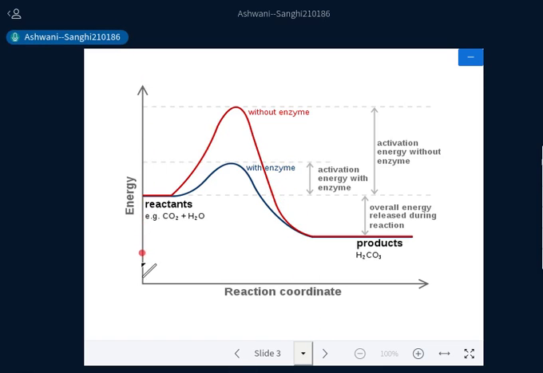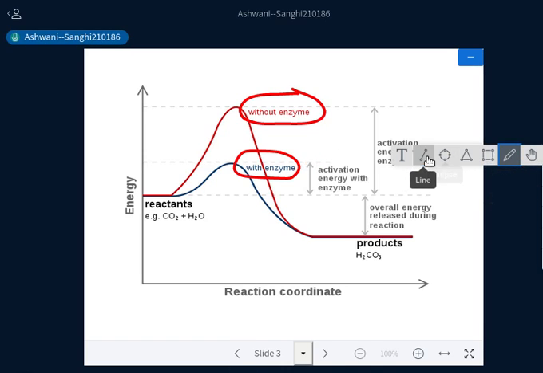As in this graph of energy versus reaction coordinate, we can see that there are two types of reaction. One is with enzyme and the second is without enzyme. In the first reaction, with enzyme, we can see that this is the energy level.